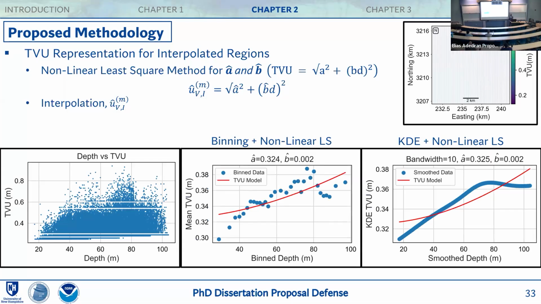So the first step before we fit the nonlinear least square method to the data is to clean up the data by binning it or using kernel density estimation to smooth the data before we estimate what the A and B are. A again is the depth-independent component of the TVU, and B is the depth-dependent component.